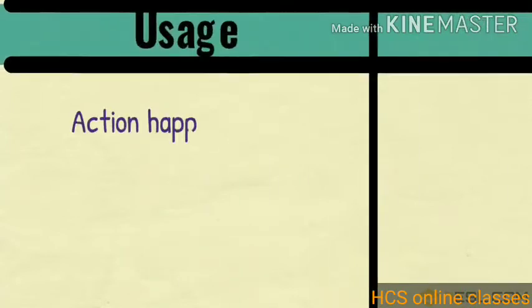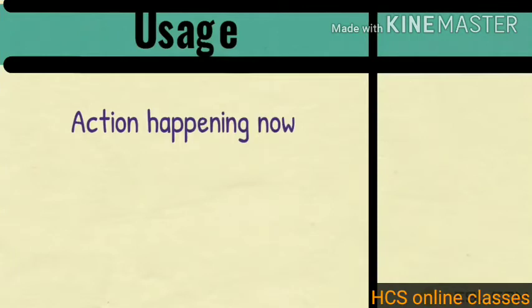Now let us discuss the usage of present continuous tense with examples and time expressions. Action happening. As you know, children, present continuous express an action which is going on at the time of speaking.